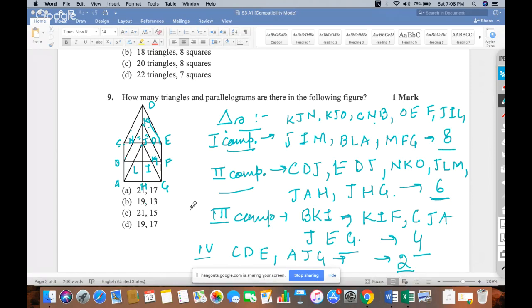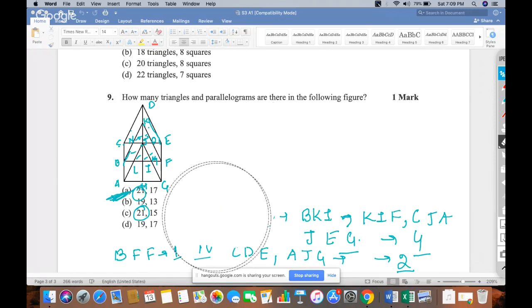And the biggest triangle that I never took was 1, 2, 3, 4, 5, 6. With 6 components, I have BKF. So this is one of them. So maximum I'm getting 21. I have not counted the parallelograms. So 21 is the right number of triangles. I hope you all understood it.